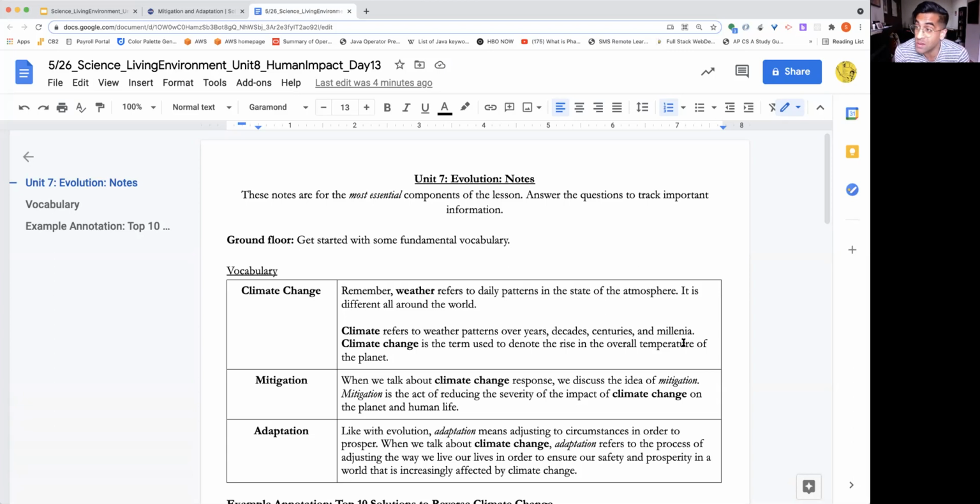So if I ask you, what's the weather this Tuesday, we're going to look at the weather report for that day. That's just a brief snapshot. It's not enough information for us to make any inferences about the overall change to the temperature of the planet.